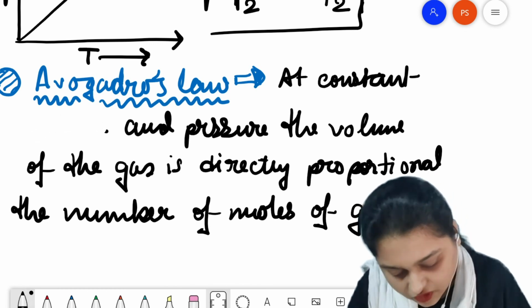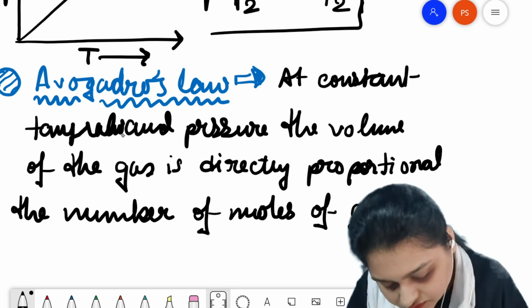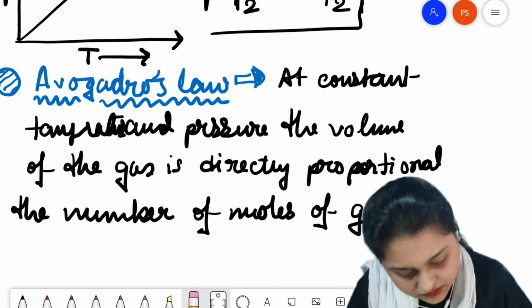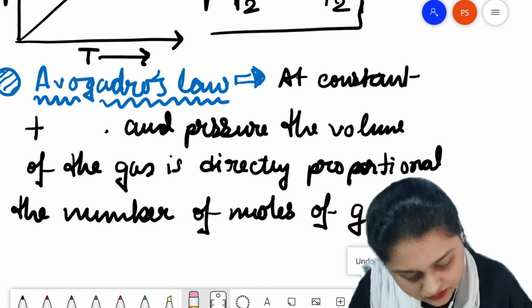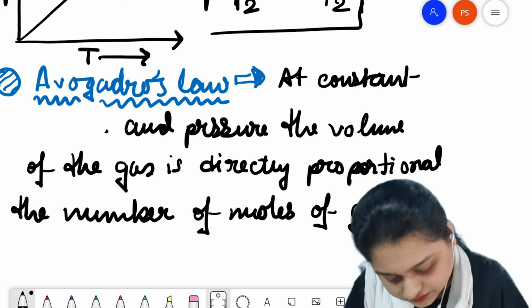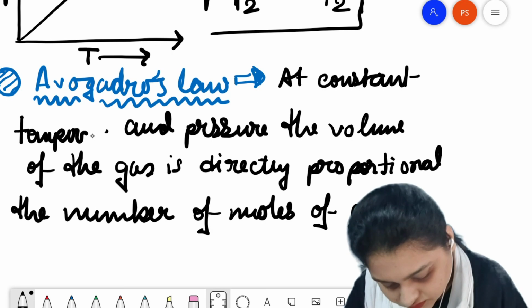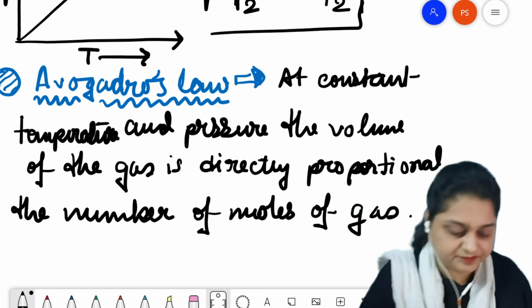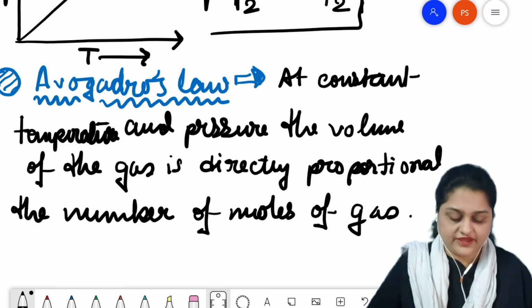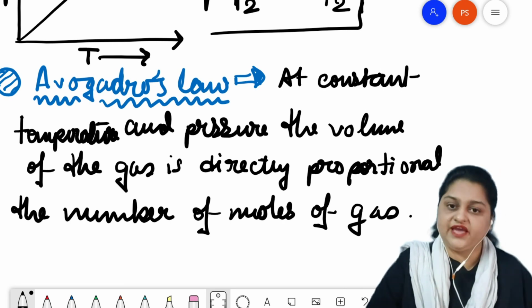That is, at constant temperature and pressure, the volume of a gas is directly proportional to the number of moles present in the gas.